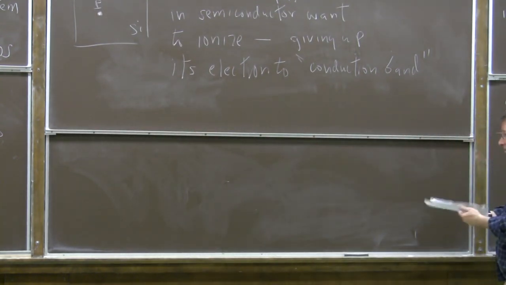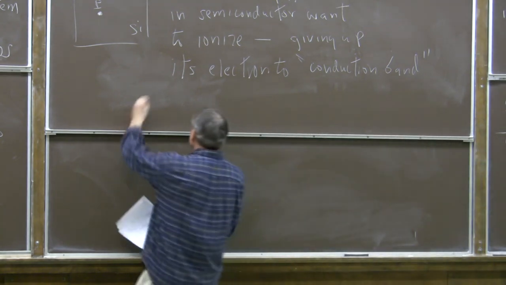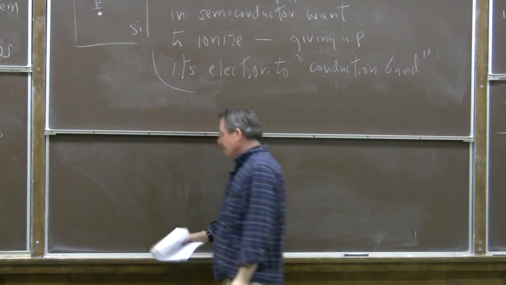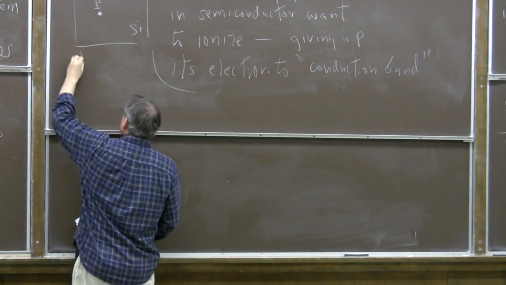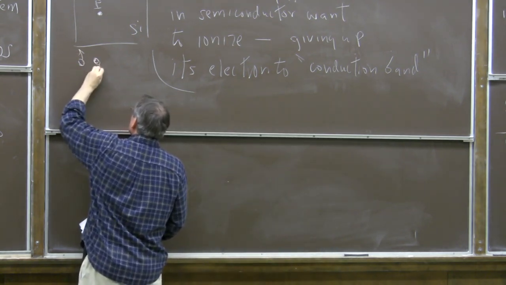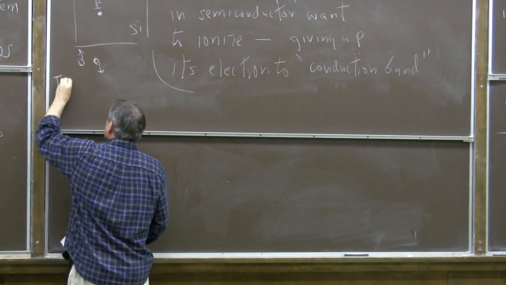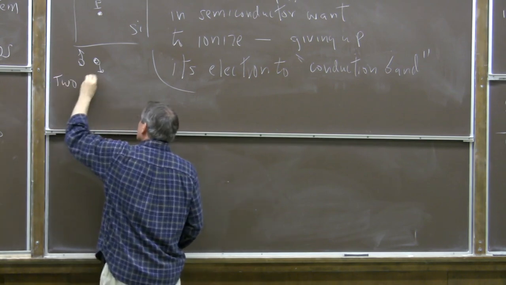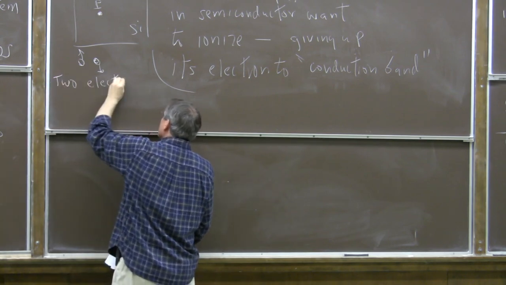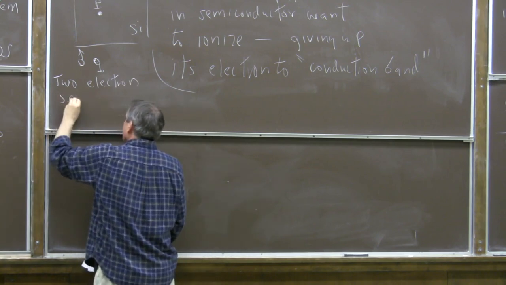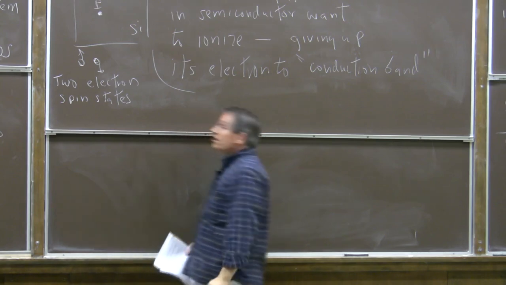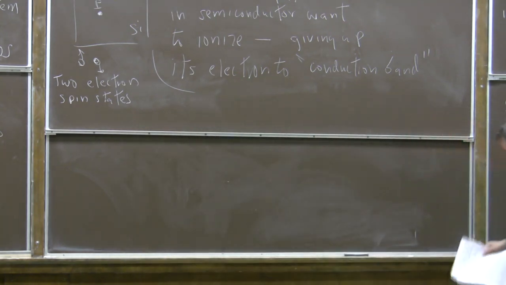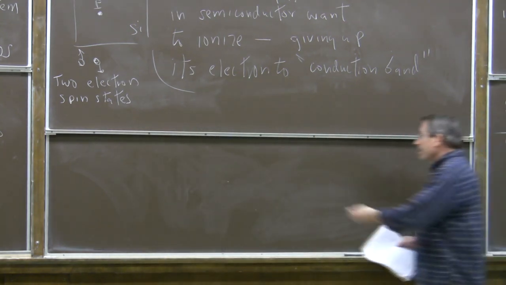So the electron has a spin. It can be either spin up or spin down. So to get our counting right, we'll take that into account. There are two electron spin states. So there are three states for the impurity atom that I'll be interested in.